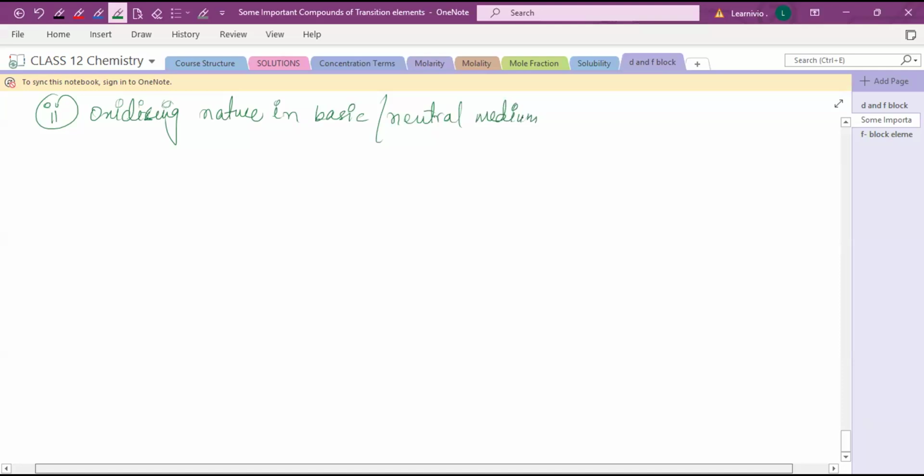In neutral or basic medium, it will oxidize some ions, but the reaction will be different. MnO4 minus will again be reduced, but the number of electrons will be different, and it will convert to MnO2. Now see some examples.